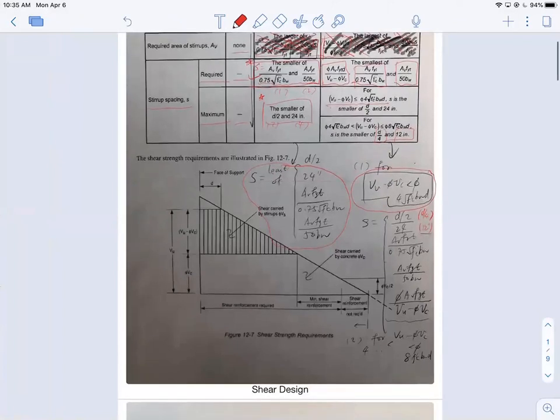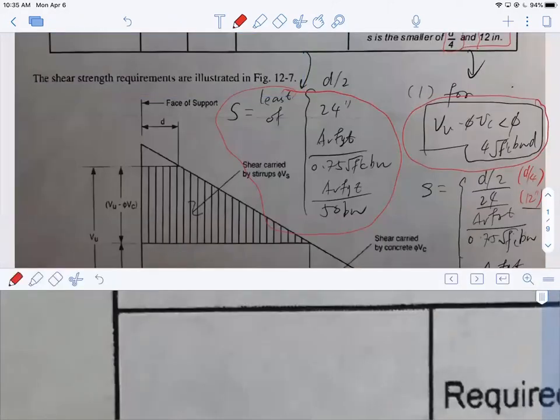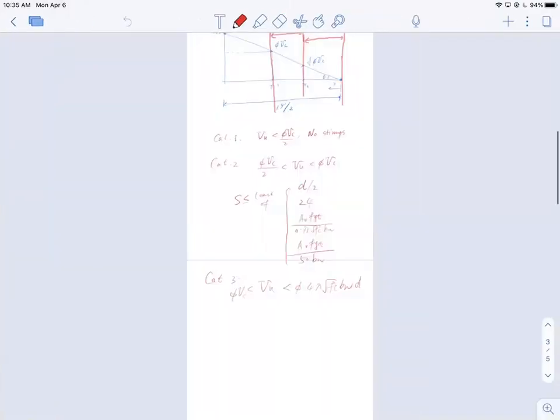Let me clarify: this is VU minus VBC, and this is VS. When that happens, this is category 3.